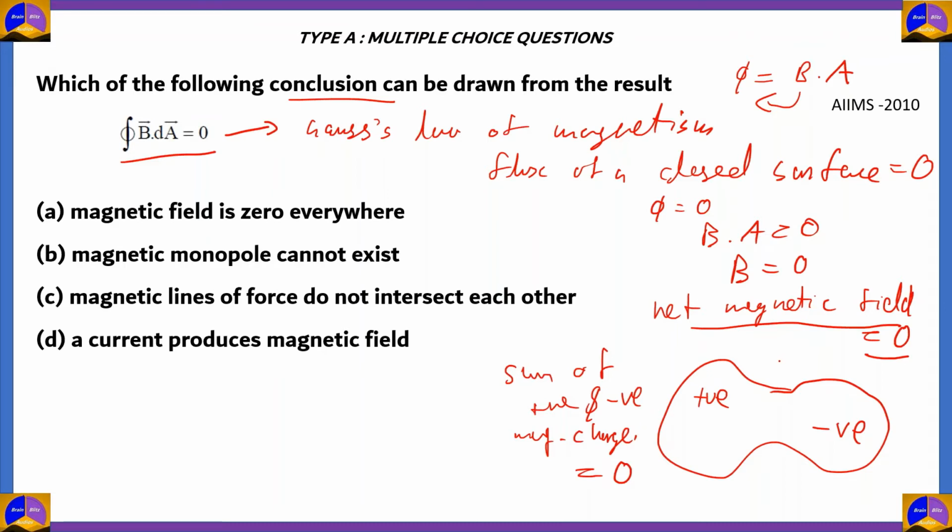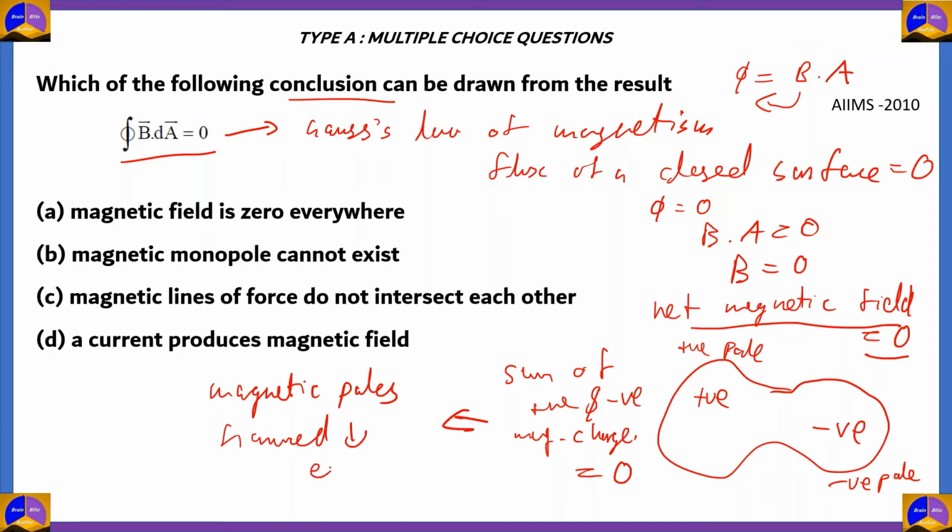Now, this is only possible when there are areas in the closed surface where the field is predominantly positive, so called a positive pole. And there'll also be areas in the closed surface where the negative magnetic charge is dominant, which means a negative pole. So that means the magnetic poles formed in a closed surface are equal and opposite.